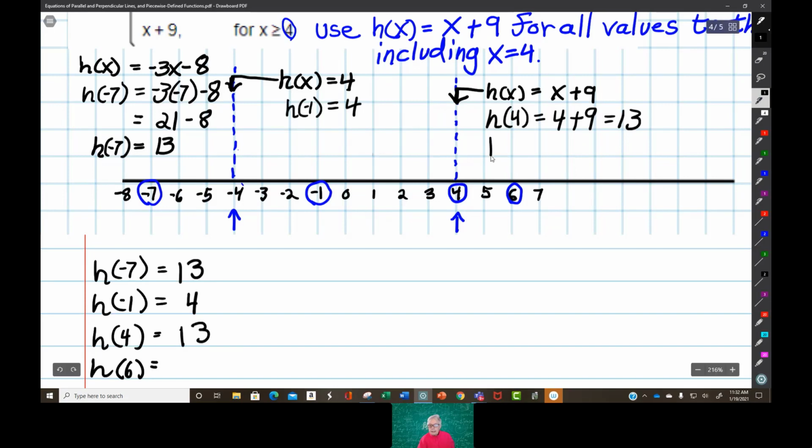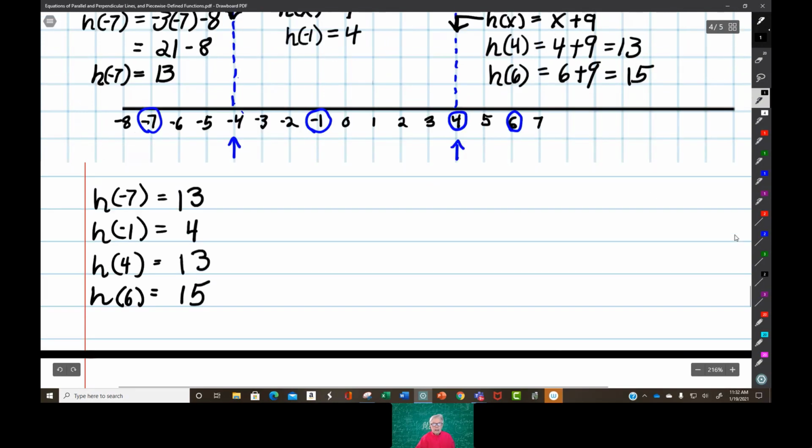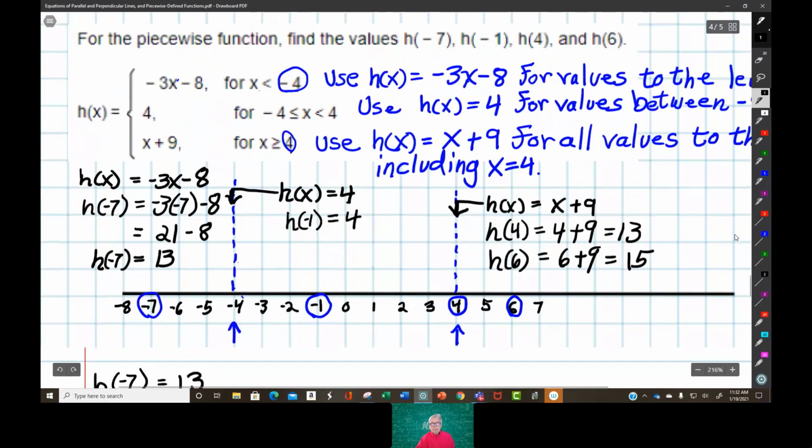And h of 6 equals 6 plus 9 equals 15. This ends up being pretty easy, much easier than it looks, because this looks really scary until you get used to it.